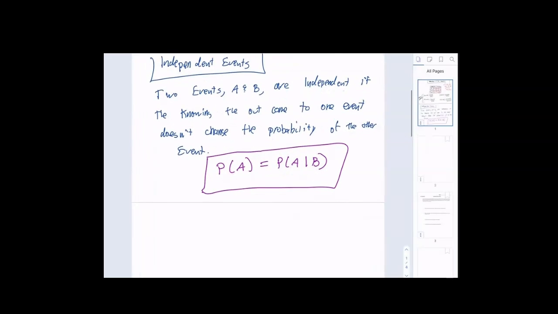So if the probability of A is equal to the probability of A given B, then the events are independent. Most of these problems are set up so that A and B could be the columns or the rows. It doesn't matter as long as you find two events.